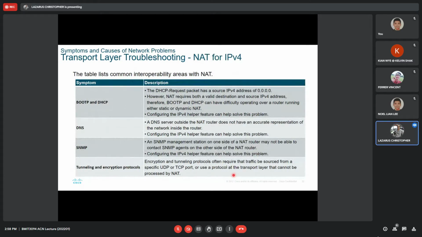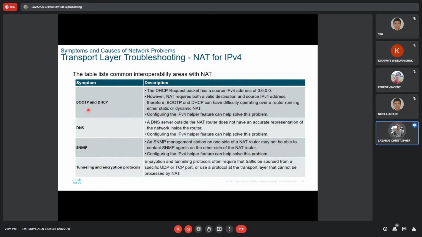Okay, because here we talk about network address translation. Remember, it maps private addresses to a global IP address, so it's for IP version 4. So the transport layer also includes NAT, network address translation. Then BOOTP and DHCP. BOOTP is basically to boot a workstation or host based on information provided by a server at the point of booting up.